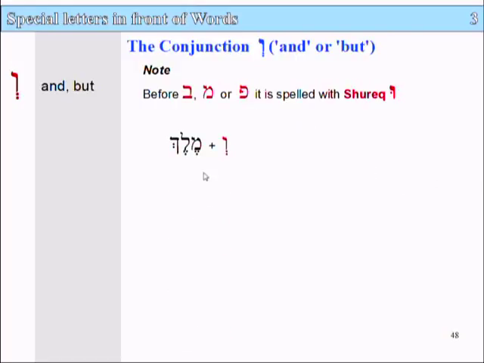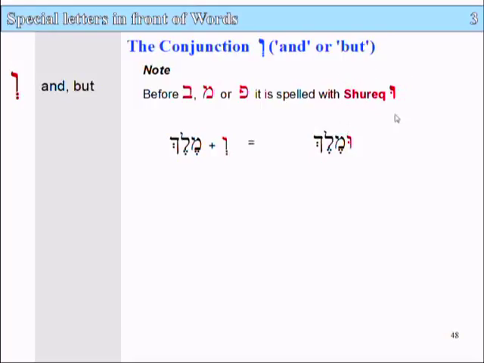So if we have the word for king, Malik, mem lamed final kaf, and we add a vav, we get Umalik, not Vemalik. Vav with a dot in it, which is a shurek. So the vav is changing to a vowel sound. That's what the shurek is.